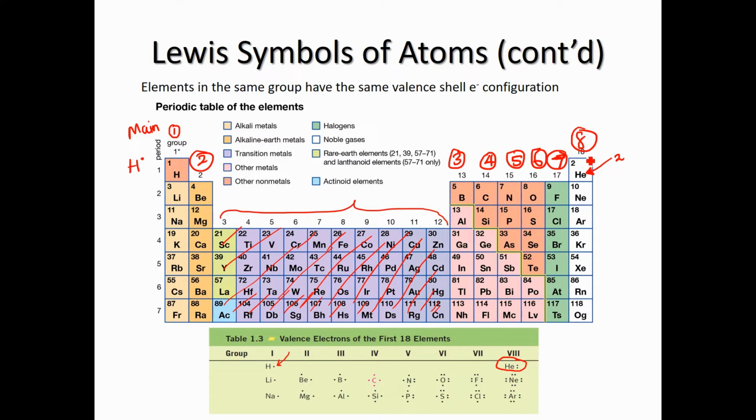The reason why helium is placed in main group 8 is because it has a fully filled 1s orbital. We'll talk about that shortly. So that's the shortcut on how to quickly tell the number of valence electrons which may be used in bonding in elements of the periodic table. Now let's go back.